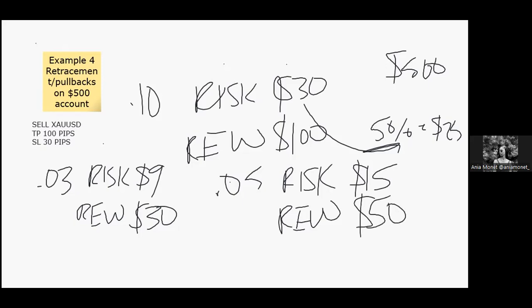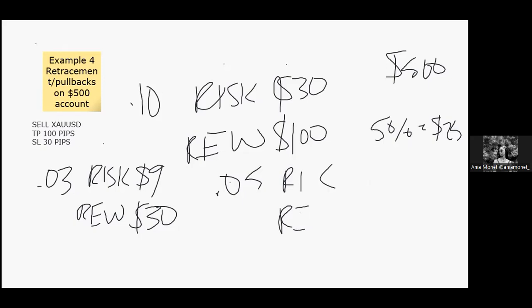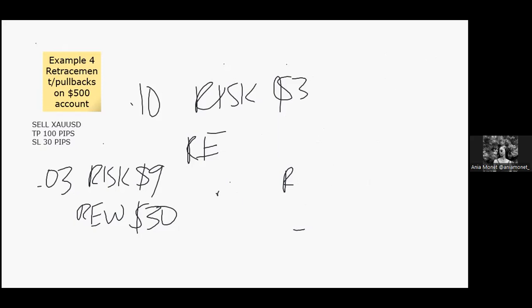Okay, so with this example, of course, you can risk up to $30 if you have two positions open with the 5 cent. So now let's put it on the chart, which you guys know takes me a little bit of time.